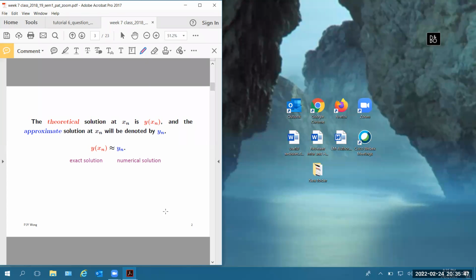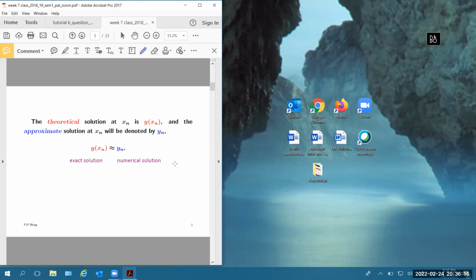And the solution that we find by numerical method, the y value at xn, we'll write as y subscript n. So this is the numerical solution. This one is the exact solution, this one is the numerical solution. Of course, the exact solution is approximately equal to the numerical solution. I mentioned to you before, our numerical solution is not exact, it's just approximate.